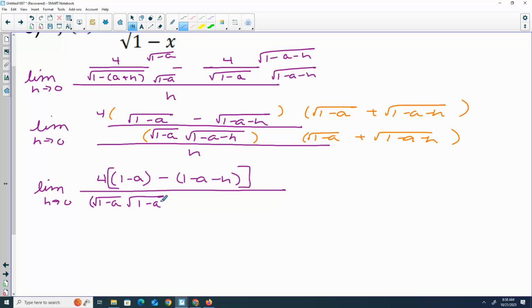I'm not going to. That whole thing was divided by h. That's like an h over 1, so we could flip and multiply by 1 over h. So now we no longer have a fraction in fraction. So it's better.